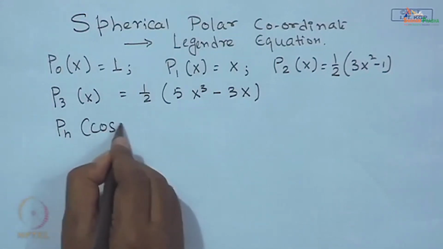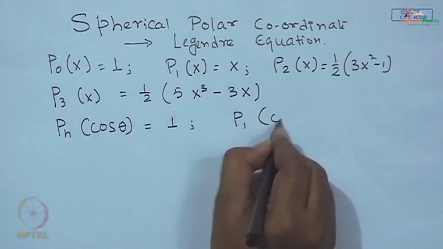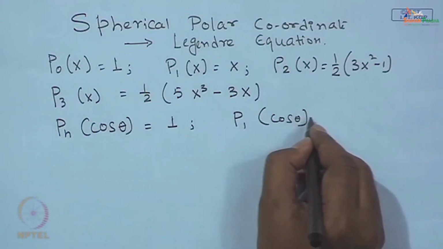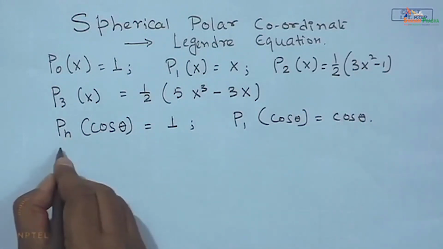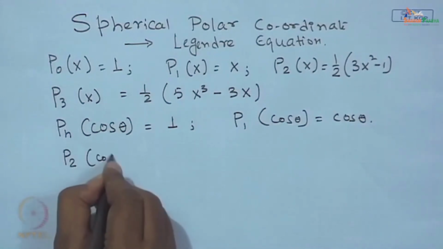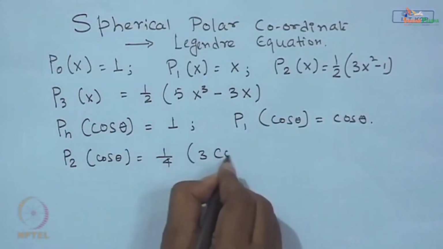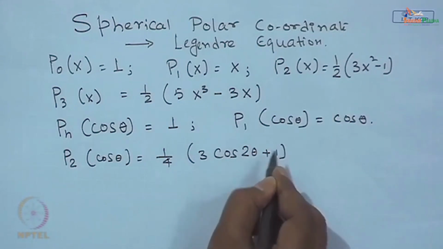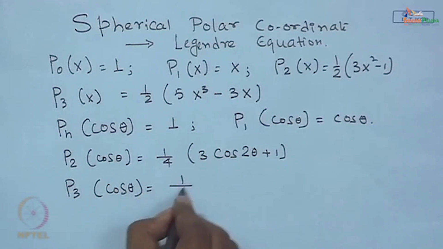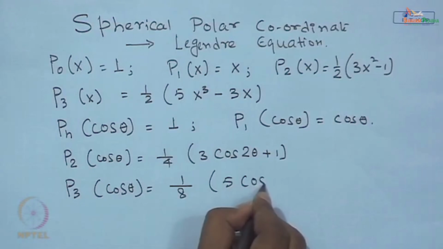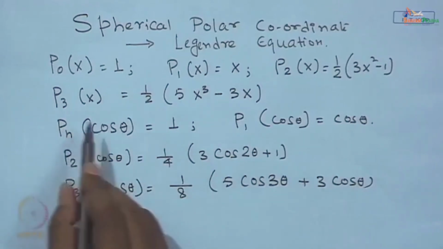In terms of cosine theta, P 0 cosine theta is 1, P 1 cosine theta is cosine theta, P 2 cosine theta is 1 by 4 of 3 cos 2 theta plus 1, P 3 cos theta is 1 over 8 of 5 cos 3 theta plus 3 cos theta.